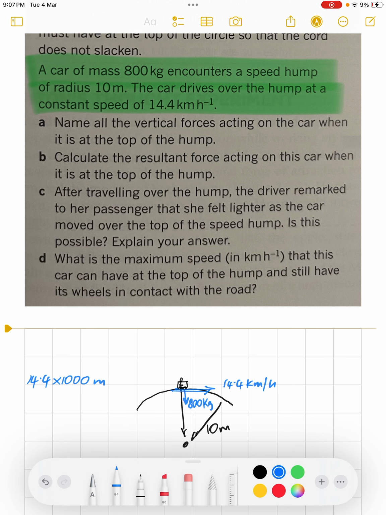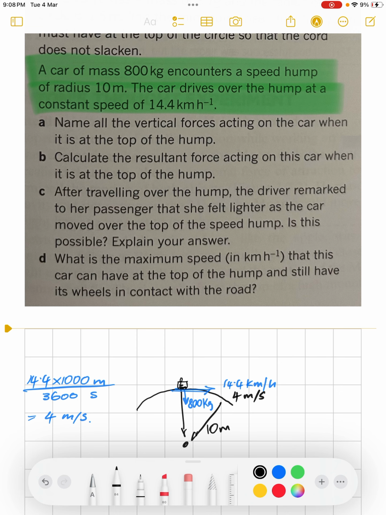Turn the 1 kilometer into 1,000 meters, turn an hour into 3,600 seconds, and we can do the calculation 14.4 times 1,000 divided by 3,600, and we get 4 meters per second. So we've got our velocity, 4 meters per second.